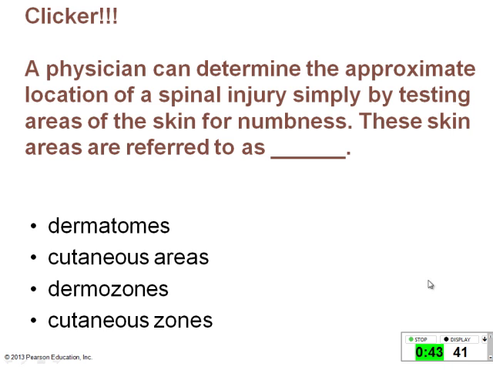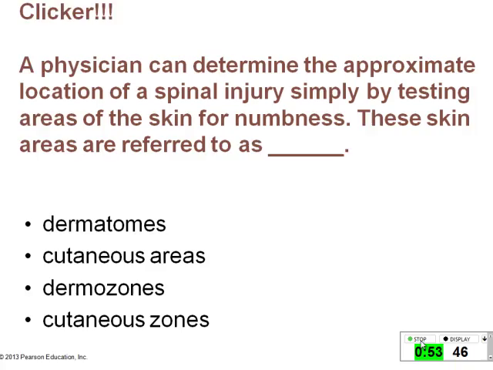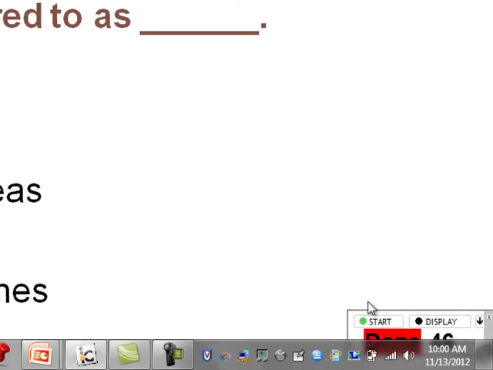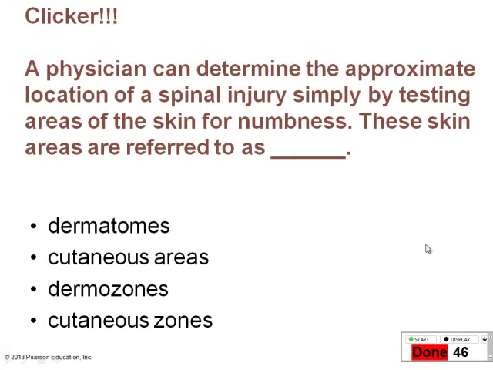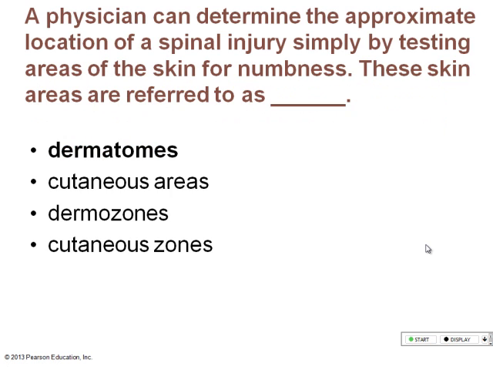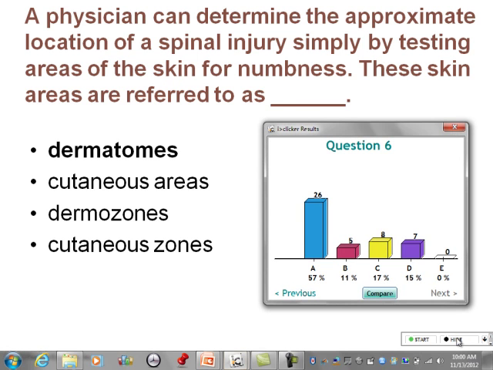Five, 4, 3, 2, 1. Everybody click? Good. What's the answer? Dermatomes, not dermosomes. Let's see how we did. Oh, not bad.